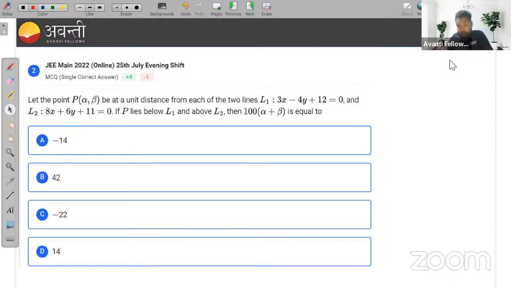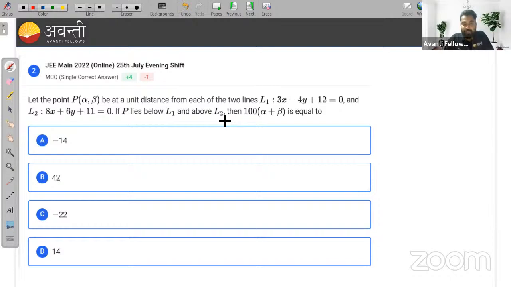Let's solve the question. What he is asking in the question: let the point P, whose coordinates are alpha, beta, be at a unit distance from each of the two lines L1, whose equation is 3x minus 4y plus 12 is equal to 0, and L2, whose equation is 8x plus 6y plus 11 is equal to 0.